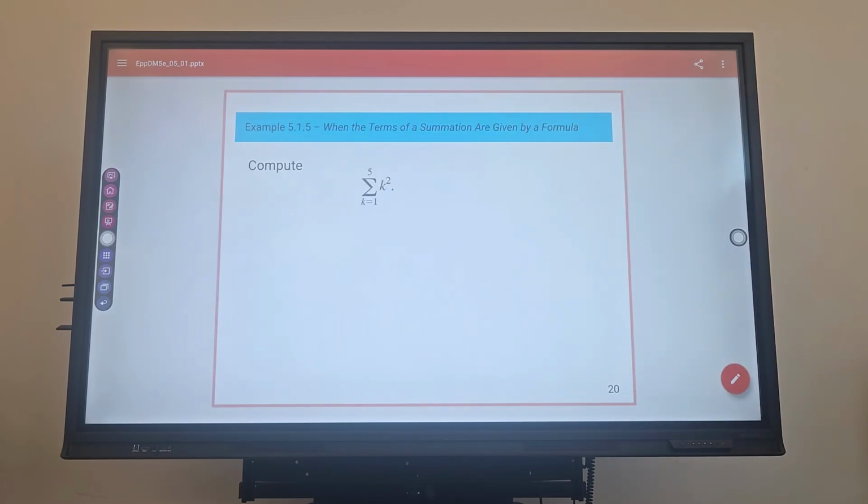Compute the sum of k squared with k from 1 to 5.